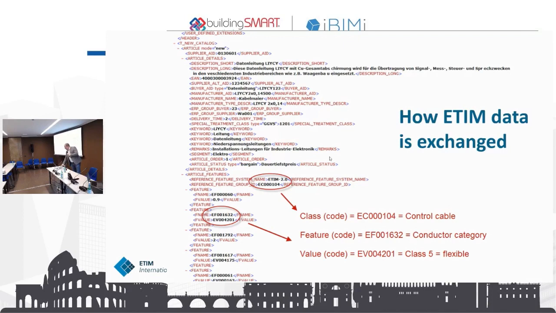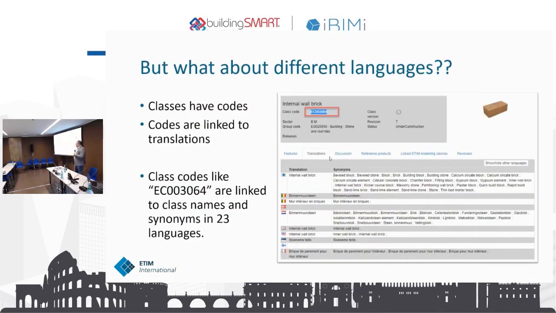And that's a funny thing, because how do we handle different languages? Well, if you coded everything, you can put language descriptors to these codes. So the classes have codes, and the classes are linked to class names and synonyms at the moment in 23 languages in our database. But I've even seen on LinkedIn, somebody took the effort to translate it to Catalan in the Barcelona area.